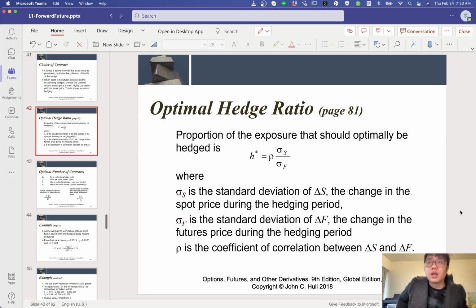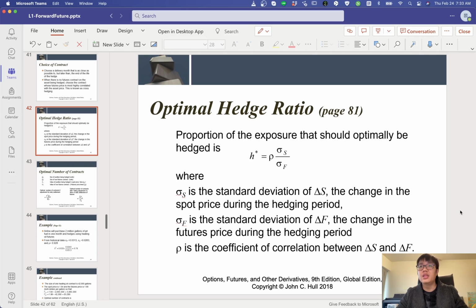The reason is that if we can find exactly the same forward or futures contract in the market as the underlying asset, it is very easy, right? If you can find the gold contract and you need gold, you just buy the gold.